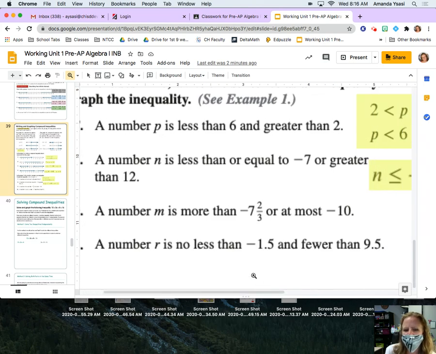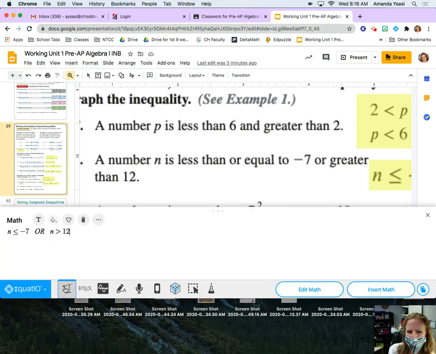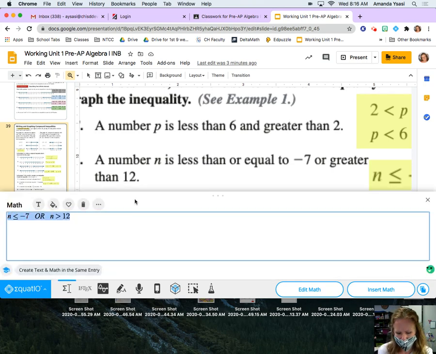A number M is more than -7 2/3, or at most -10. So let's see. This one's kind of confusing, right? What does that most mean? Less than or equal to? So let's do equatio. So M is less than or equal to -10.